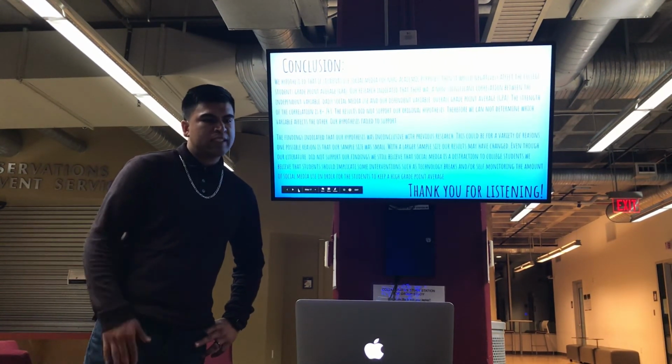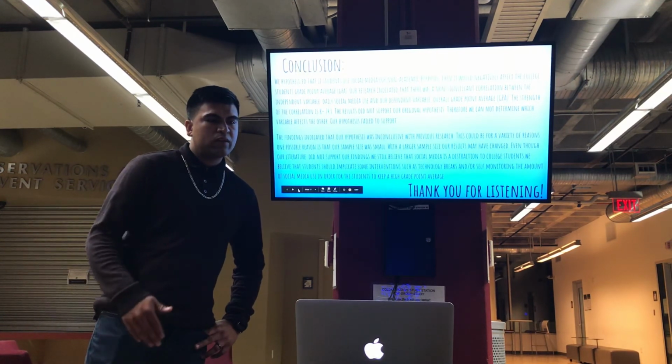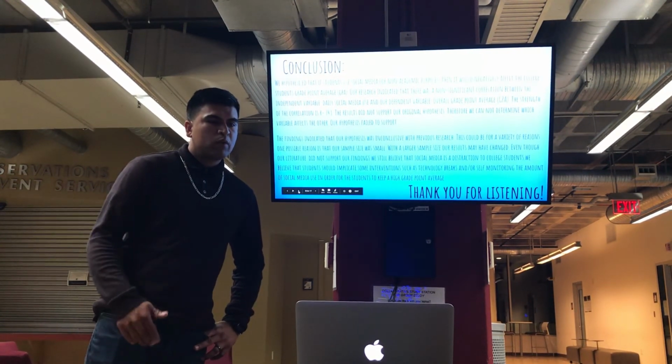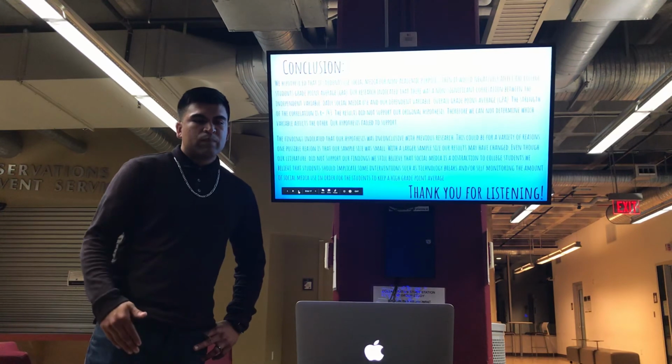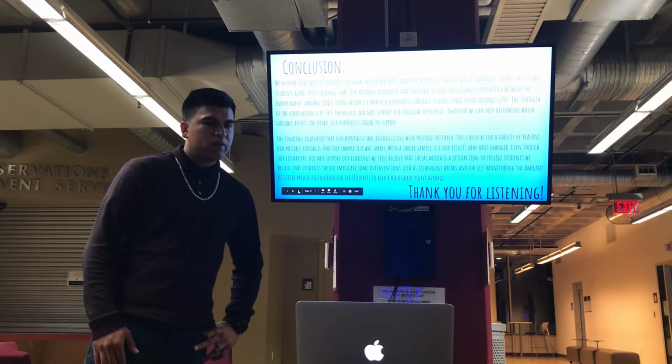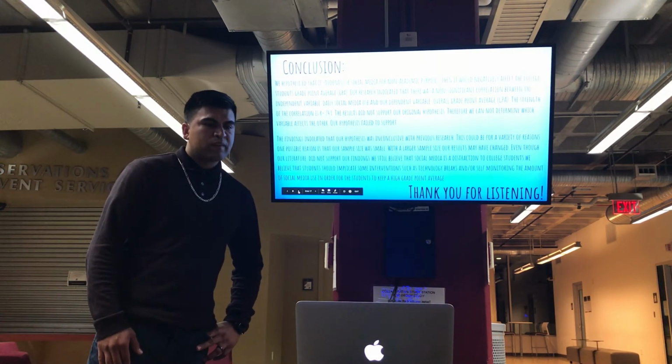The strength of the correlation is R equals 0.743. The results did not support our original hypothesis, therefore we cannot determine which variable affects the other.